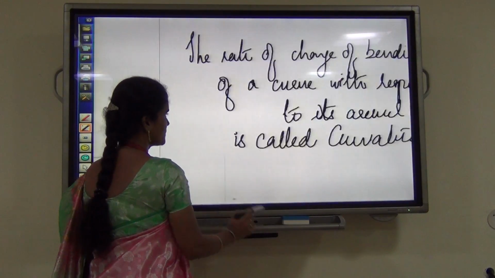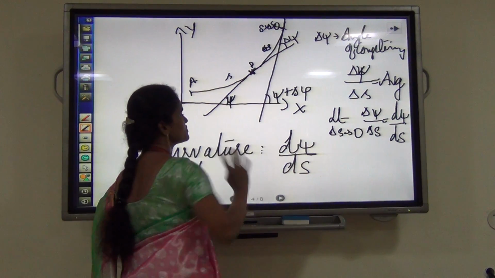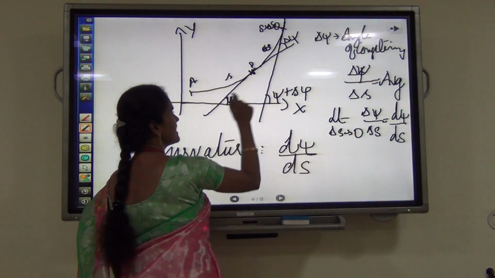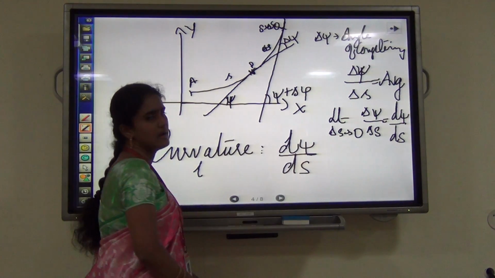So here you can define the rate of change of the angle with respect to the distance. Finding like that, you can get the curvature at the particular point P.